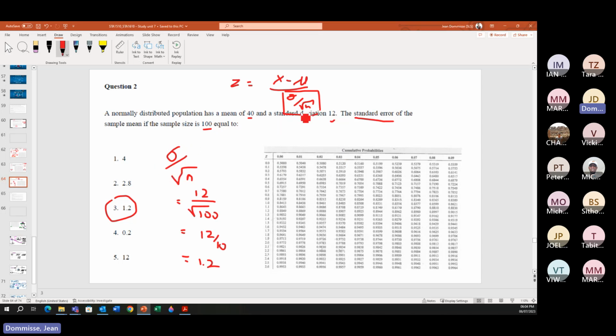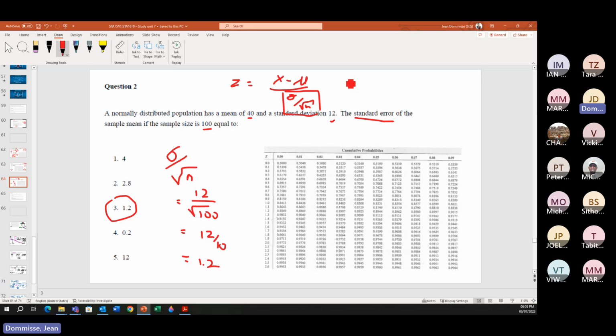Standard error is the standard deviation divided by the square root of n, and that will give you the answer.